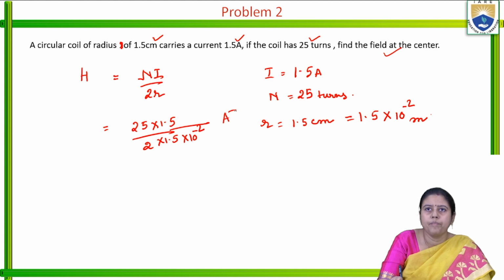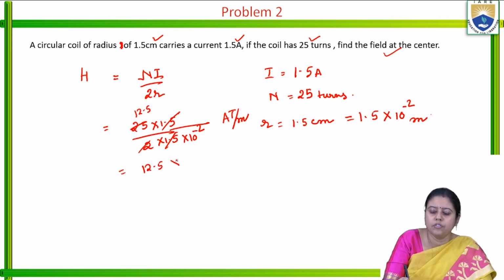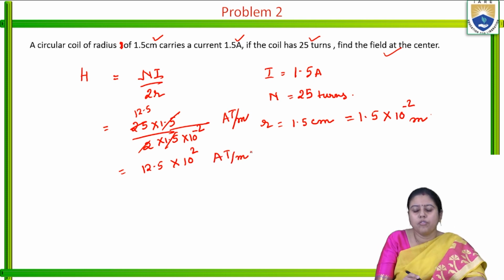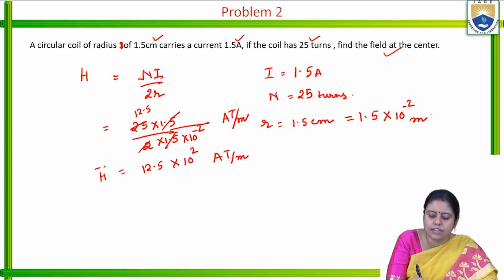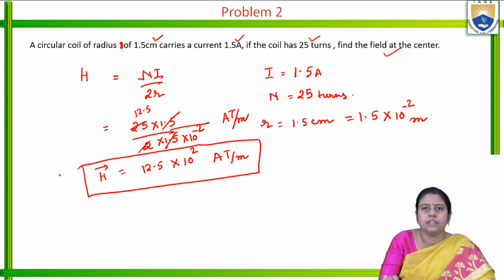The unit of H is ampere turn per meter. So 1.5 and 1.5 cancel out, so it is 12.5 into 10 square ampere turn per meter. We got the value of H.